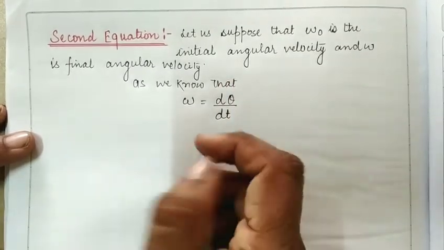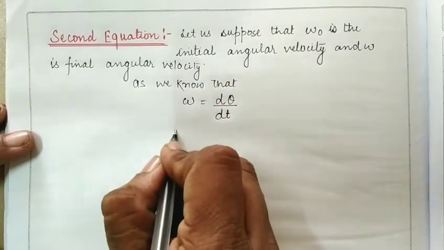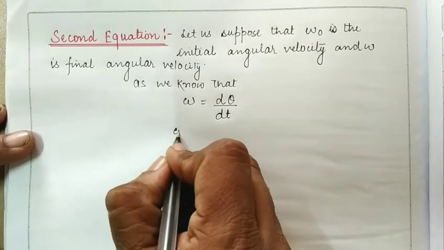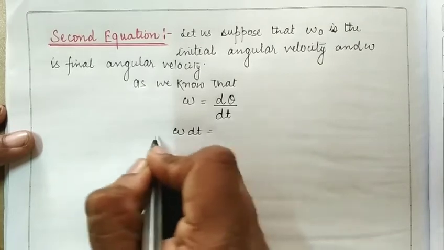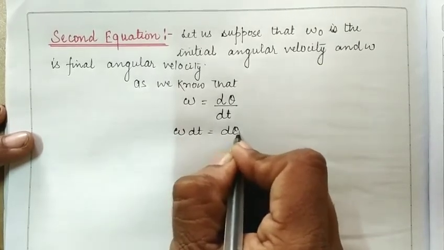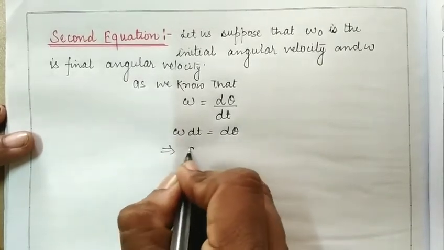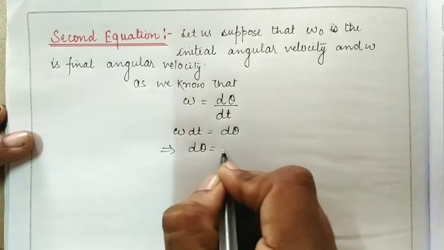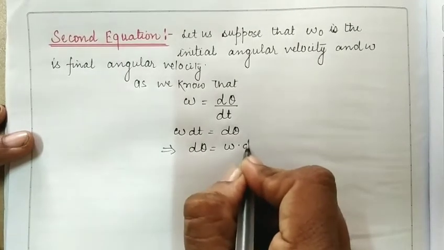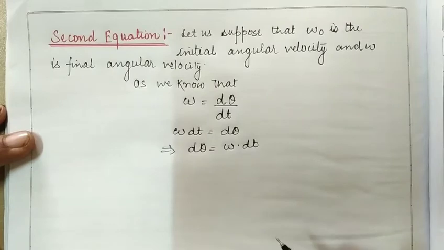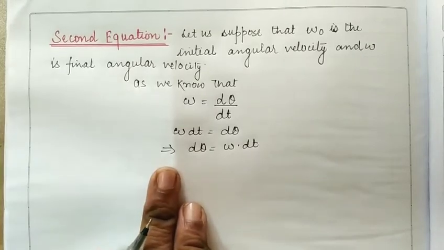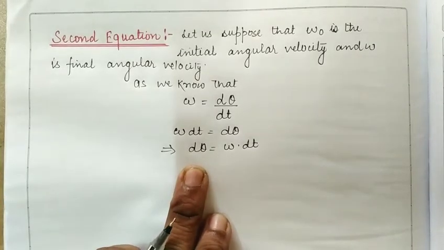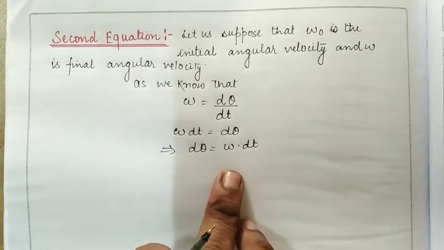So from this we can conclude that omega into dt equals d theta. It means we can write d theta equals omega into dt. Students, as we know, when the time t equals 0, this d theta equals omega into dt.